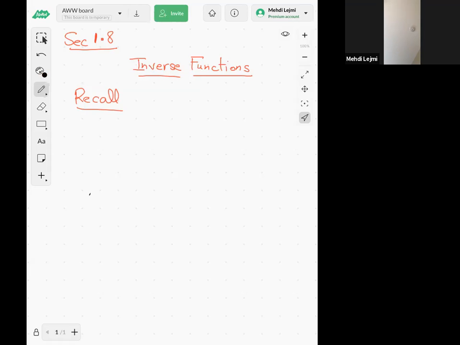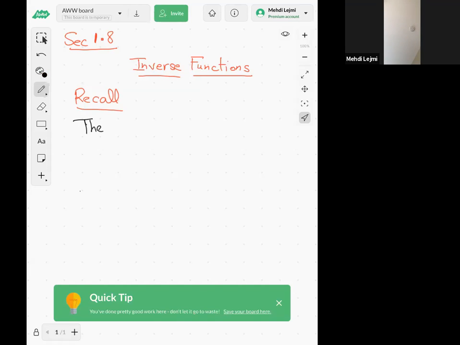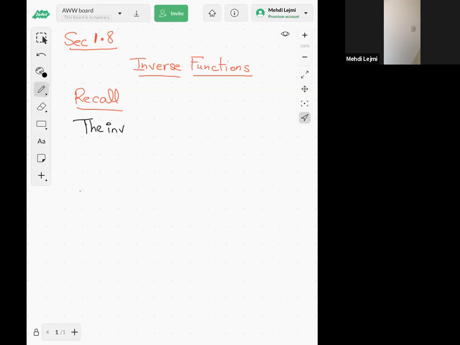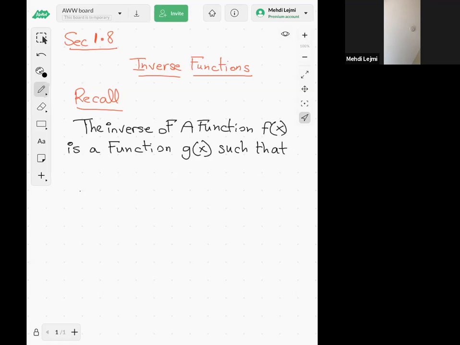Let me remind you the definition of the inverse of function f. The inverse of a function f of x is a function, let's call it g of x, such that f composed with g of x is equal to g composed with f of x is equal to x.